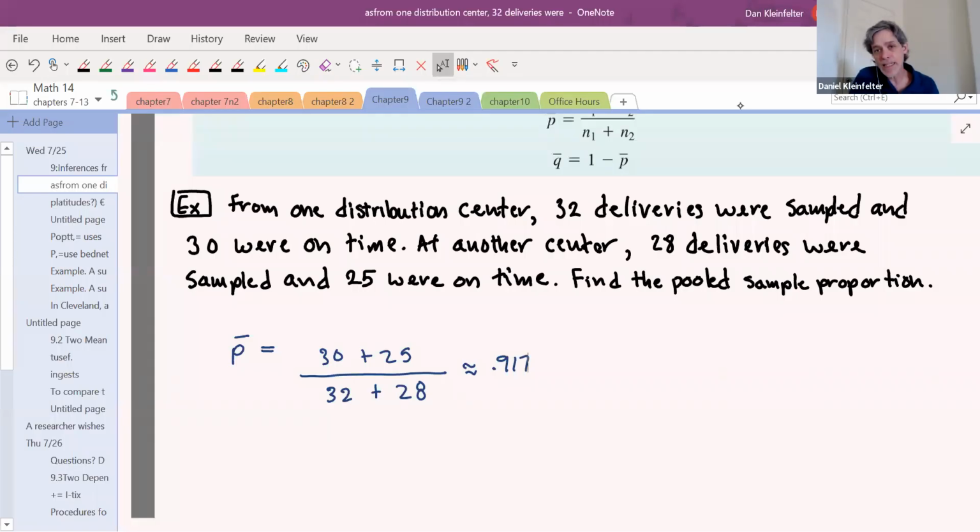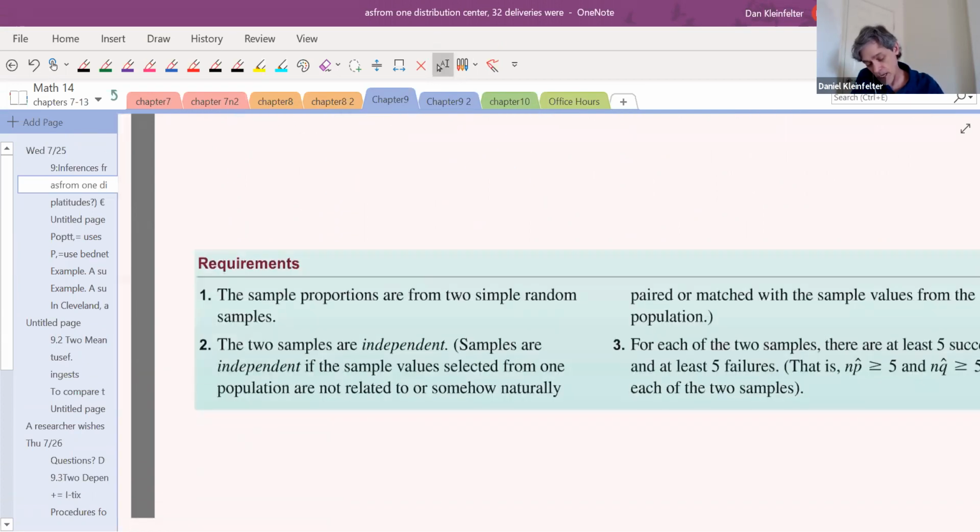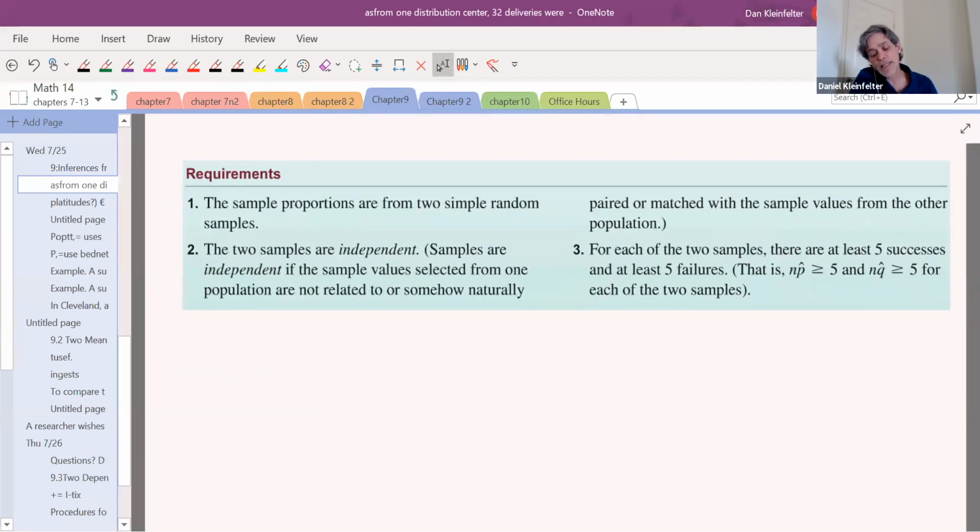All right, so the next thing that we're going to look at is some of the requirements that we're going to need to be true in order for us to do a hypothesis test. Okay, so for this, we need the sample proportions to come from simple random samples, and we generally assume that's true. We need the samples to be independent for this. Okay, samples are independent if the sample value is selected from one population and not somehow related to or paired with values from the other population.